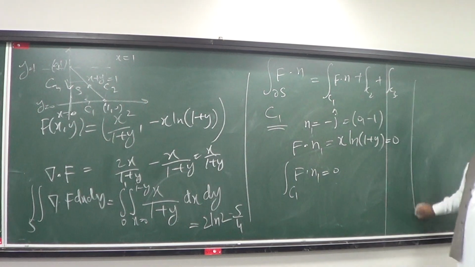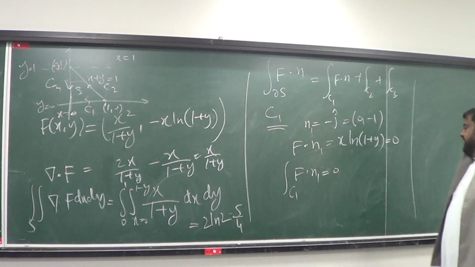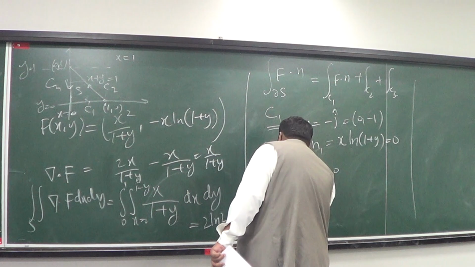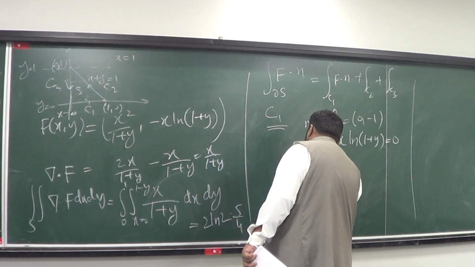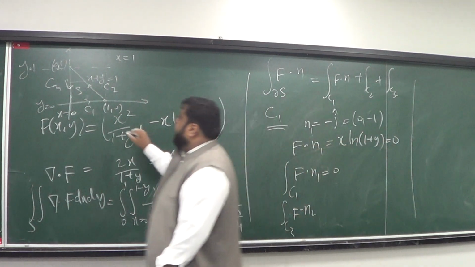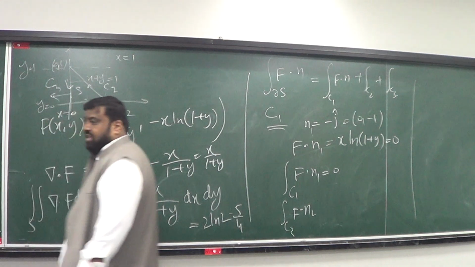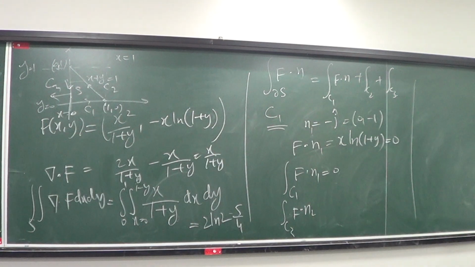Is that clear? Let's think about C3. Let's call that vector n2. So n2 goes like this, outward, minus i. So it's going to be minus i. Now we have become smarter. So what would be f dot n2?